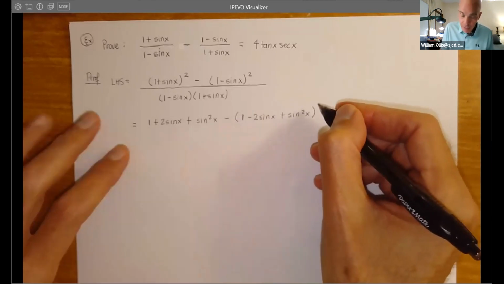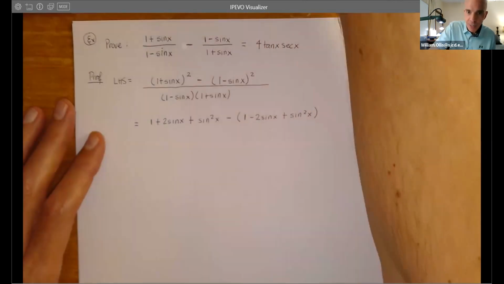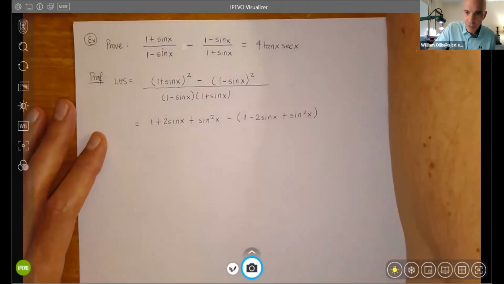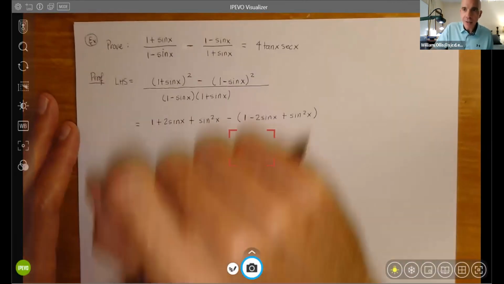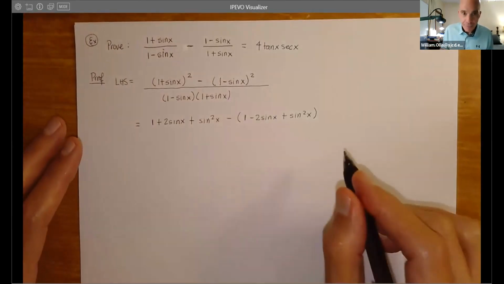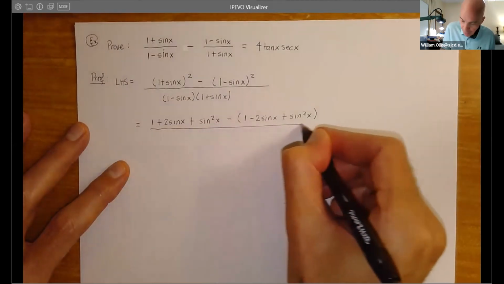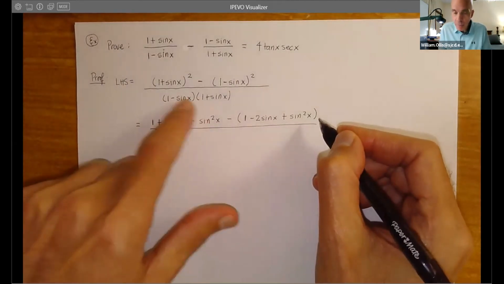I'll use a touch screen. There we go, that looks a little better. And then downstairs, we've got what? 1 minus sine squared.